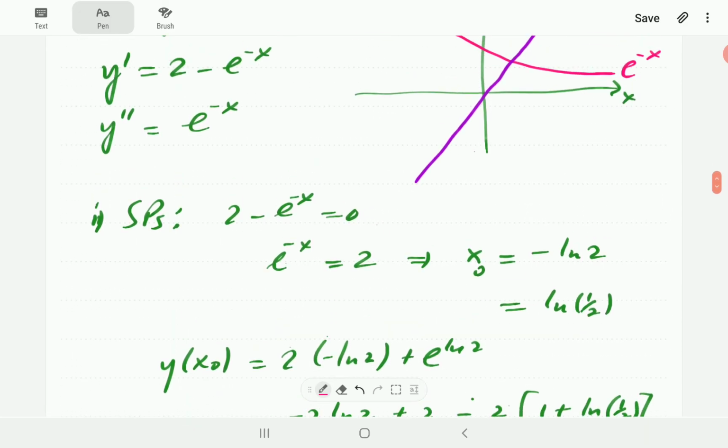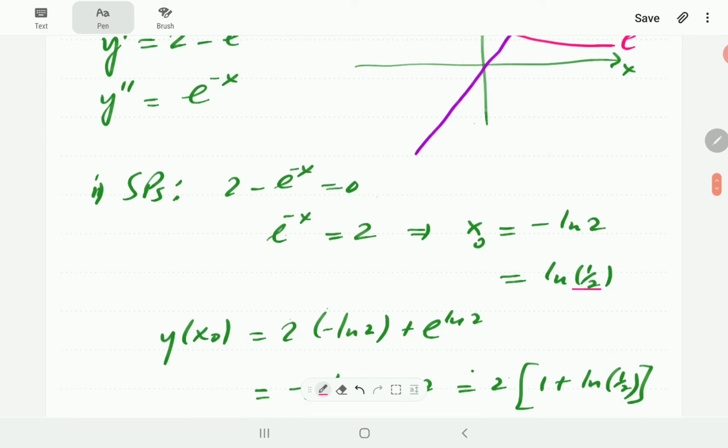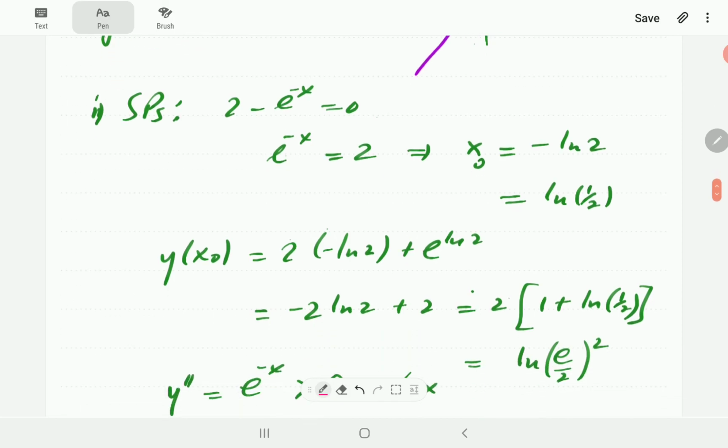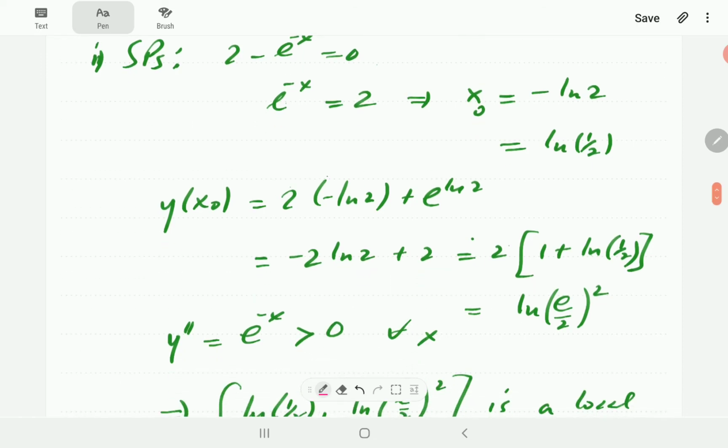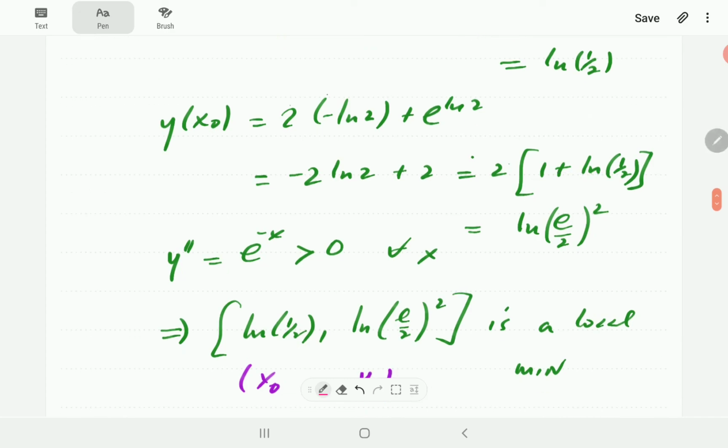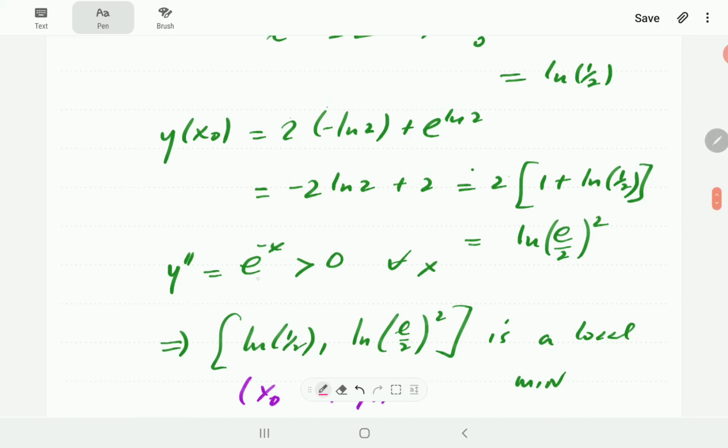So here are the derivatives. If we set the first order derivative to 0, we find that the stationary point is at x equals ln half. Then if we plug this into our y, we can actually work it out to a compact form. When it comes to the concavity, the second order derivative is this.